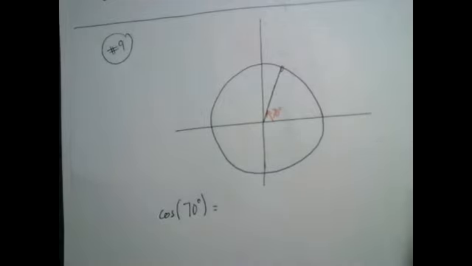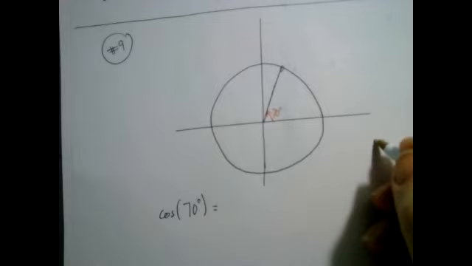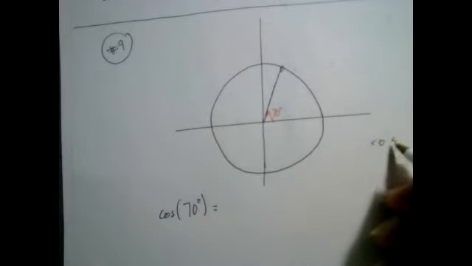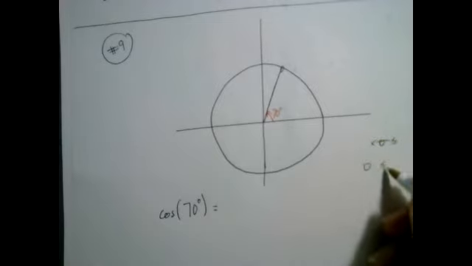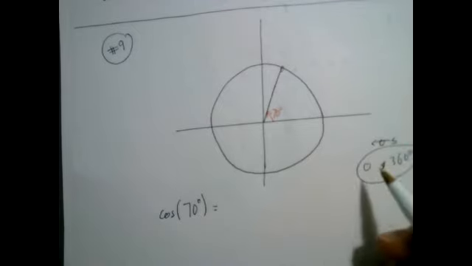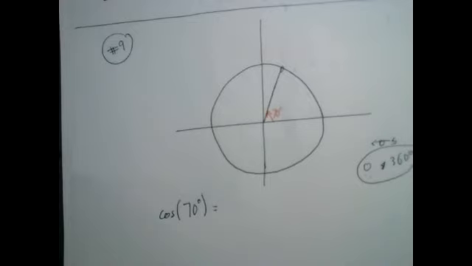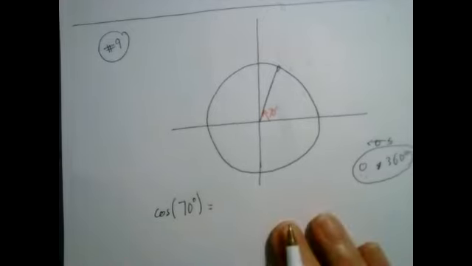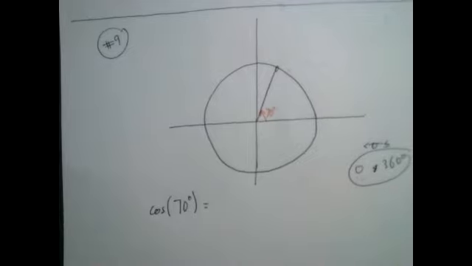So my question to you is, between 0 and 360, how many angles have the same cosine as 70?